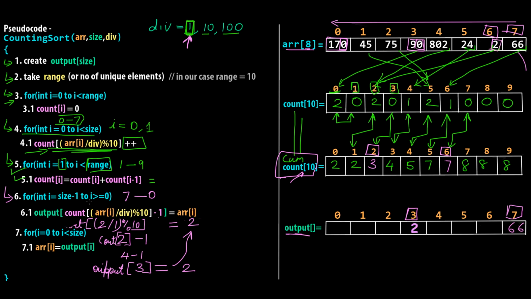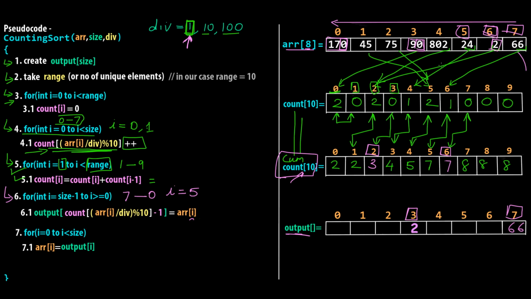Okay, so let's quickly do it for other values also. Now I will become 5. Let me just write the I value over here also. We are going from 7 to 0, so now we are at 5. What is the value at 5 in the input array? 24. So on the right hand side, we have 24 as it is. On the left hand side, we have 24 divided by 1 mod 10, which will give us the count position. 24 divided by 1 is 24, and 24 mod 10 is 4.